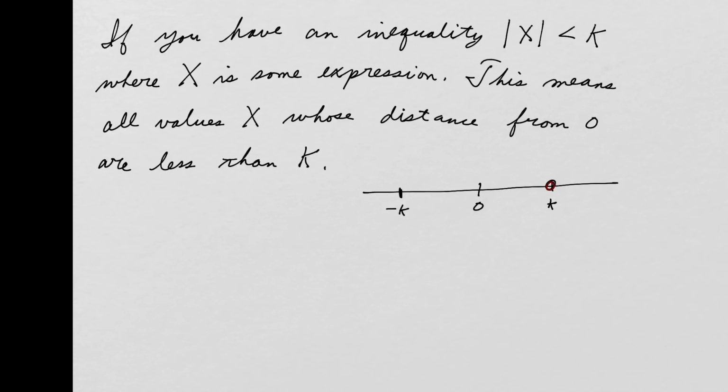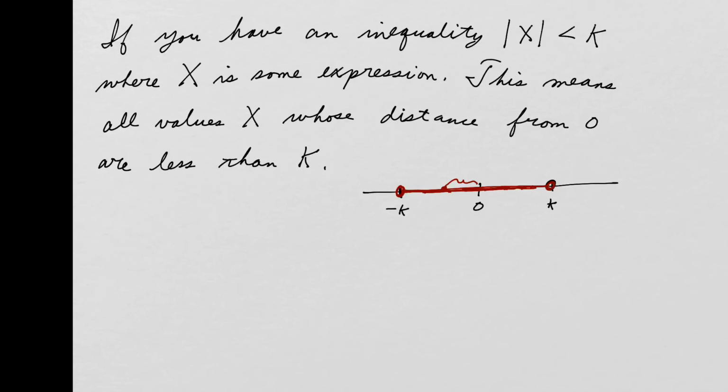But everything in here, both on the positive side and negative side, has a distance that's less than k. Anywhere in here, the distance is going to be less than k.